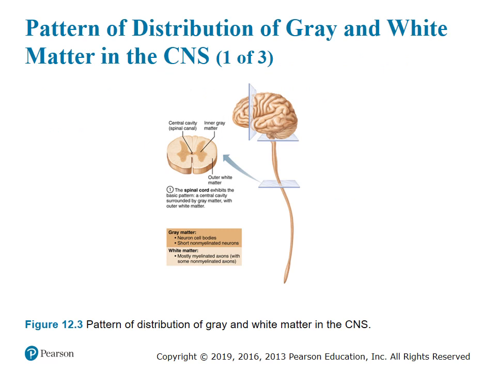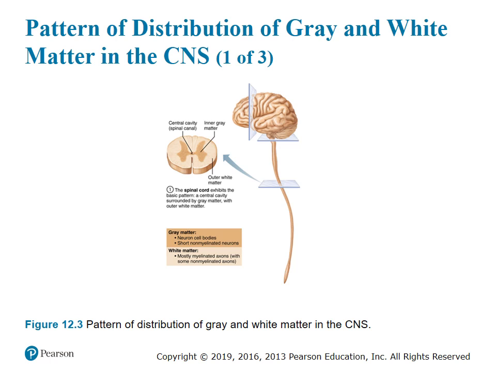Here we just took a section of the spinal cord and looked at it in cross-section, and there's a central cavity, gray matter, white matter, and then at the very edge, gray matter again. So it's following that pattern.